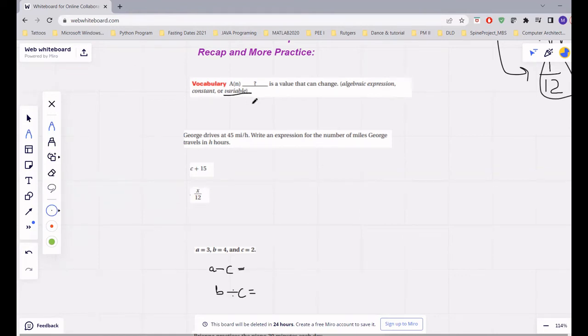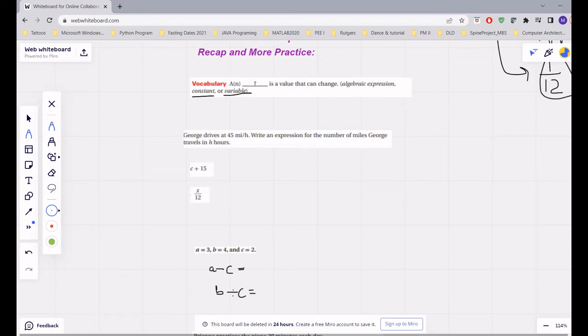A variable can have any values. It's not a fixed value. Whereas a constant cannot change. It cannot have just any number. It is a fixed value that does not change. And an algebraic expression contains a variable, constants, or operations.